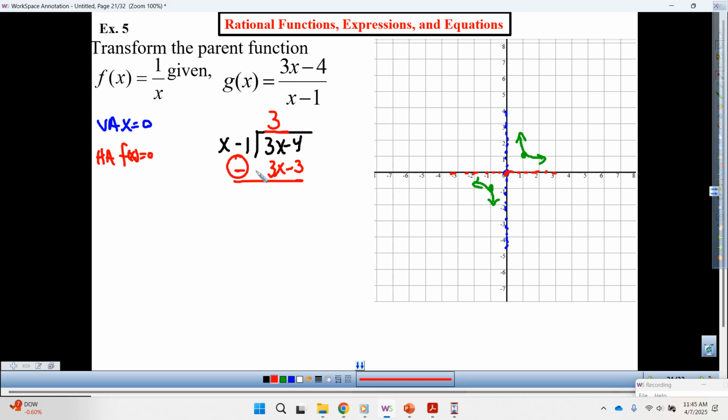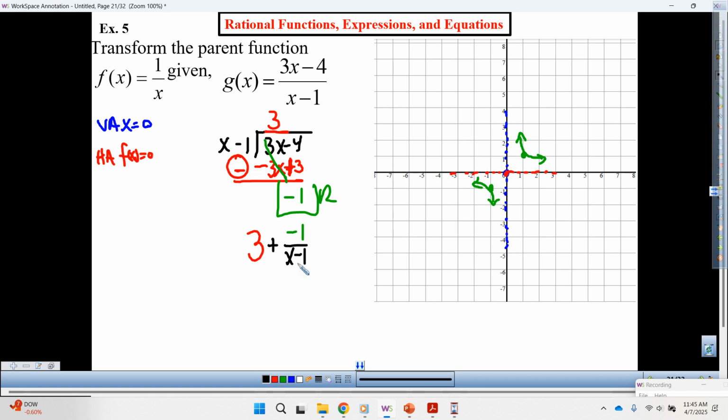We distribute that negative here and here. So these cancel. That leaves us with negative 1 as a remainder. So let's rewrite that. Our answer is 3 plus negative 1 as the remainder over x minus 1.